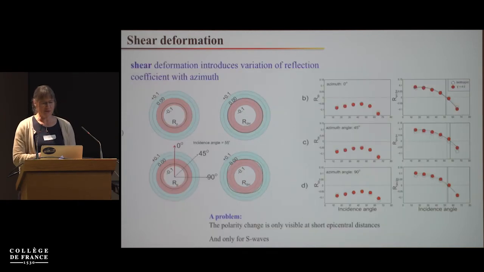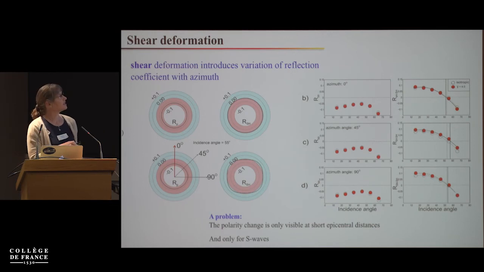If we then go for shear deformation, we do see a variation with azimuth, in this case for the SH wave. For the P wave reflection coefficient, there is a small variation, but we don't go into positive and negative reflection coefficients. So we look at different directions, 0, 45, and 90 degrees.